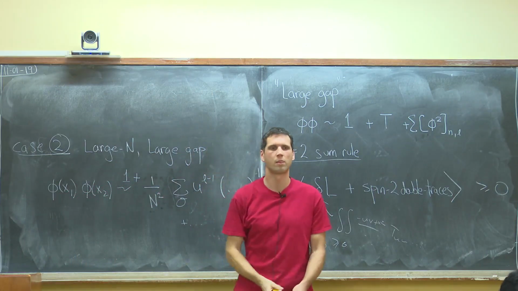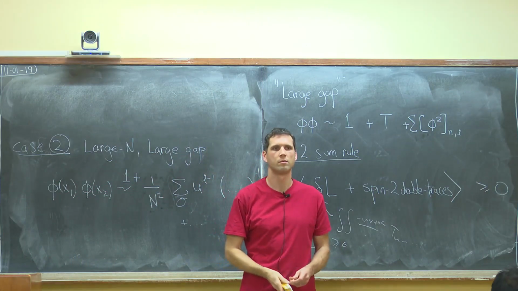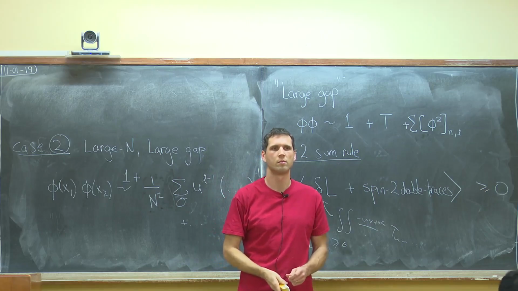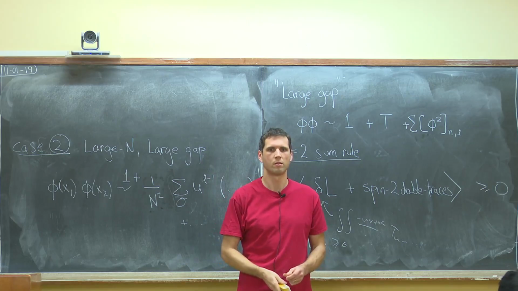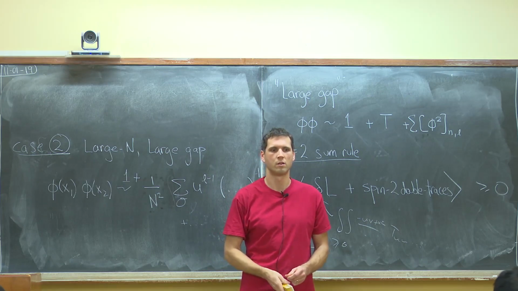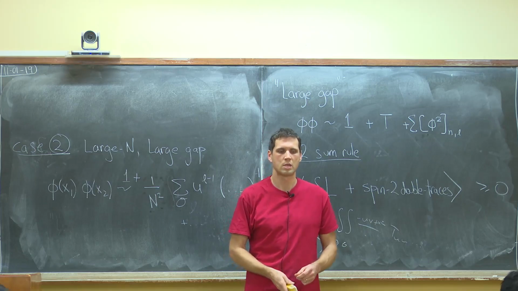You said that the delta L operator corresponds to the geodesic length between two points x1 and x2. Can you understand the double traces in that language? There's some correction to that? Yeah, you can.